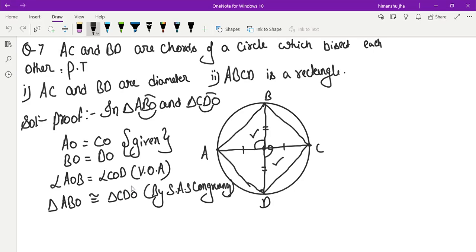Alternate interior angles, if we prove them, then for AB and CD, angle BAO equals angle BCO by CPCT, corresponding parts of congruent triangles.